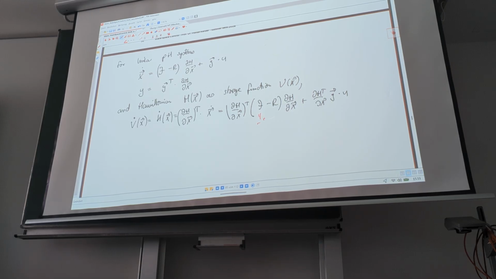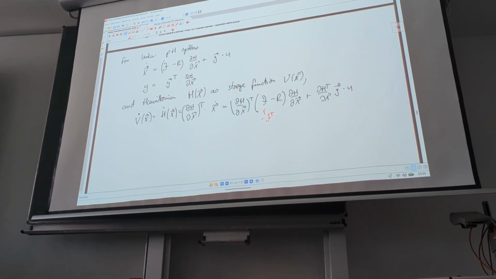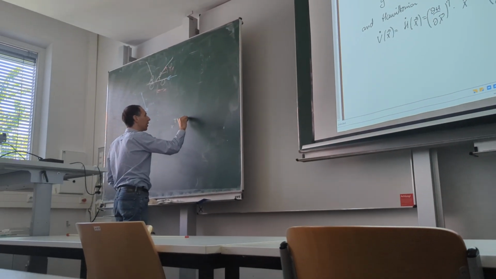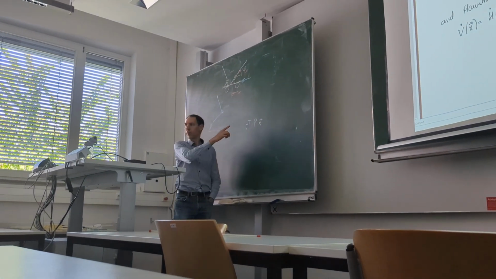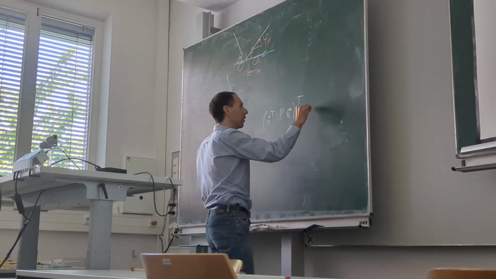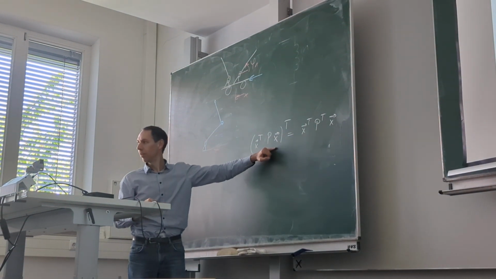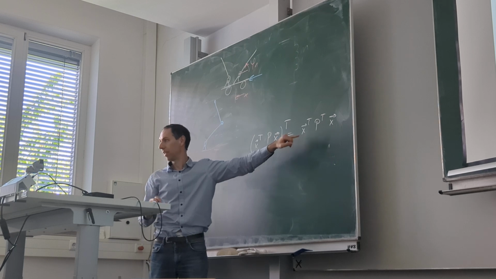What's the property of J? It is skew symmetric. What's dH/dx transposed times J times dH/dx? If I take the transpose of this, it is still a scalar. So if I transpose it, it's still a scalar.